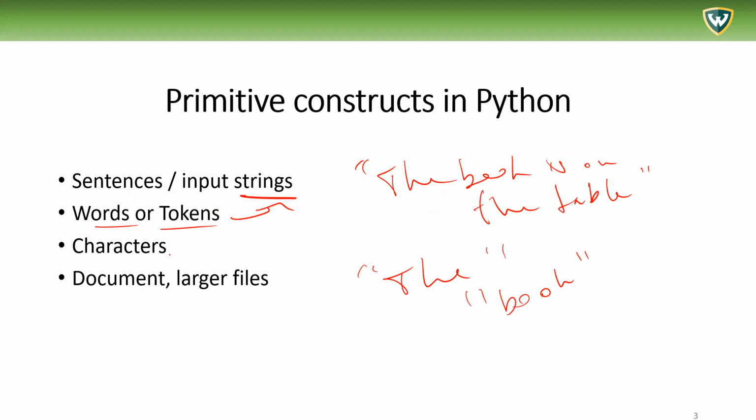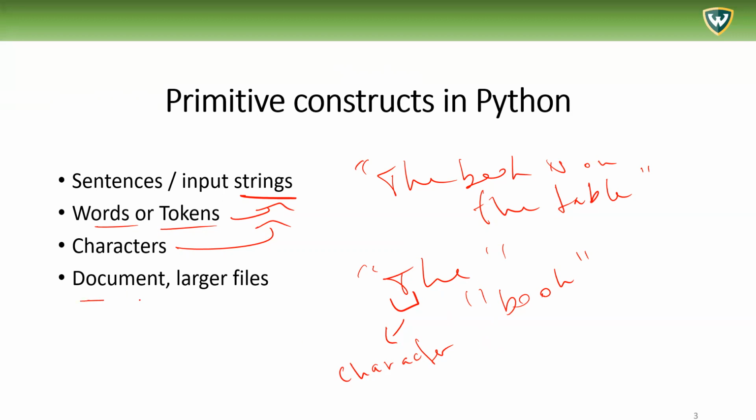The characters may also be considered a string data type in Python or some kind of object data type, and it will be just the single letter of a string, or it could also be a single punctuation mark or some other kind of single symbol.